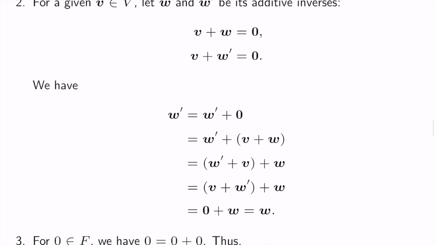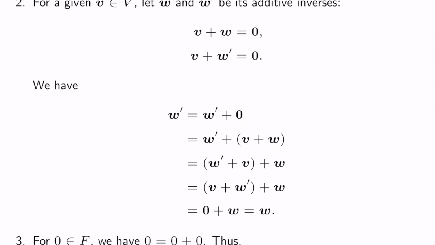So we have this. w prime is equal to w prime plus 0 because adding 0 doesn't change w prime. But this 0 is equal to v plus w because w is the additive inverse of v. So adding them together gives the 0 vector.